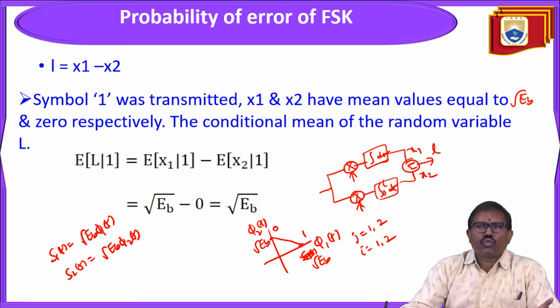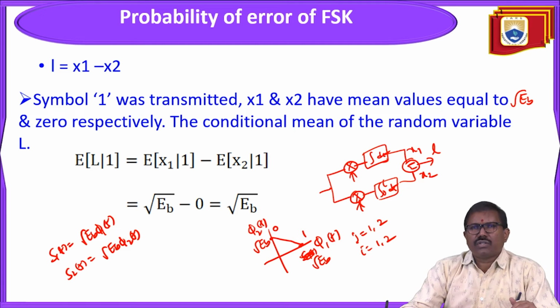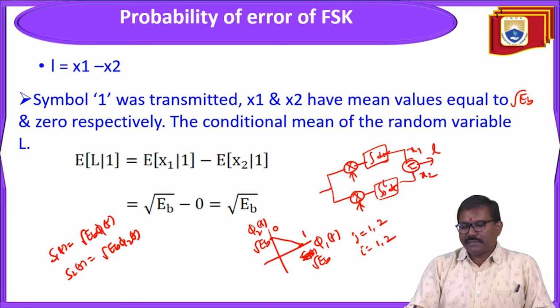So root Eb minus 0 gives root Eb when symbol 1 was transmitted.